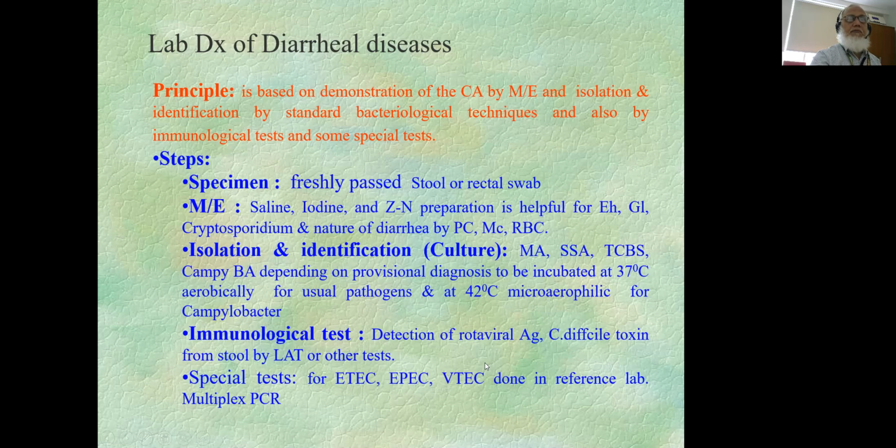Immunological tests can be done for rotaviral antigen, Clostridium difficile toxin, and for Entamoeba histolytica and Giardia lamblia antigen. There are some special tests for diarrheagenic Escherichia coli done only in reference laboratories, and multiplex PCR can also be done for diagnosis of diarrheal diseases.